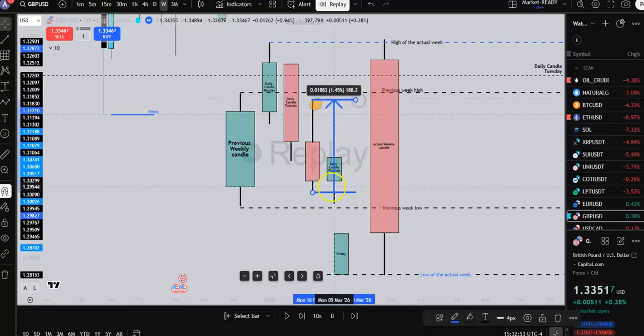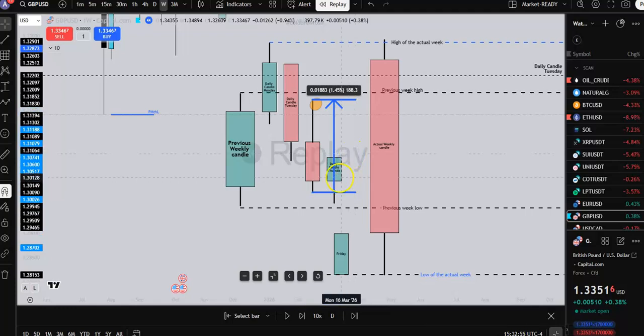So this is the previous day high, the previous day low. Whether or not we take the previous day high, whether or not we close in the bearish scenario, whether or not we take the previous day low, and whether we close below or above the previous day low, says a lot about the strength of the bias.